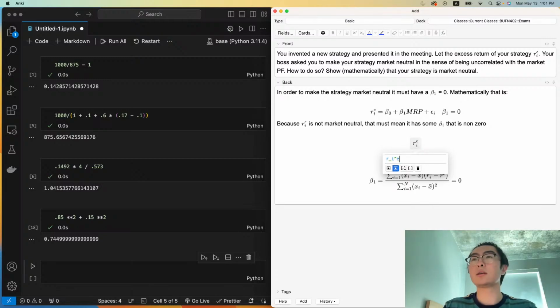R_i^e is equal to beta 0 plus beta 1 times R_m^e.